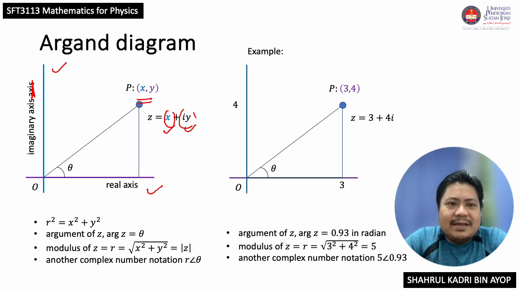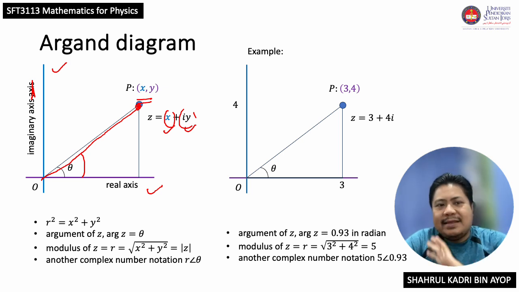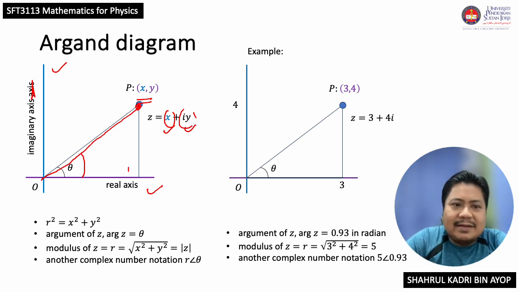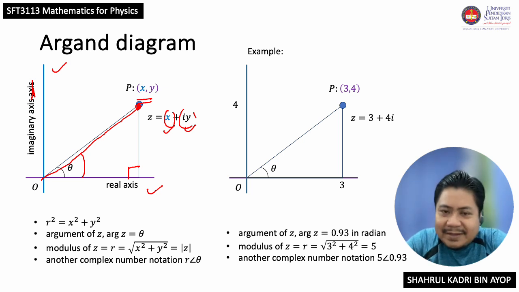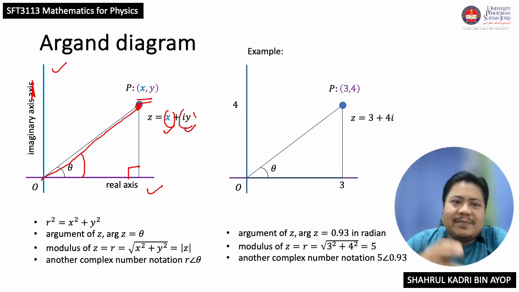From this point, you can connect the origin to the point so that it makes an angle of theta. Therefore, you can see that it forms a right triangle. So you can use trigonometry to solve any problem related to Argand diagrams.